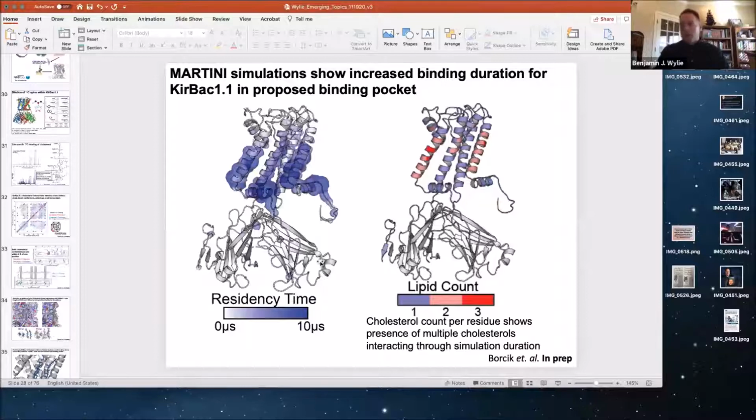So we're kind of lucky in that cholesterol and hopanoids are probably fulfilling similar roles in these organisms. We're then able to look at something that we know to be a feature of eukaryotic biology, but using our prokaryotic system.